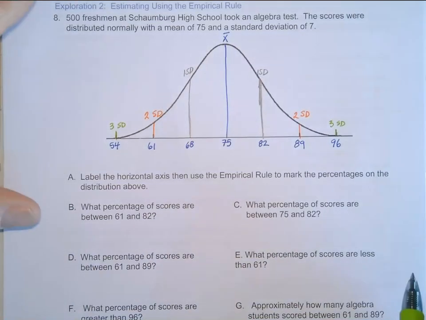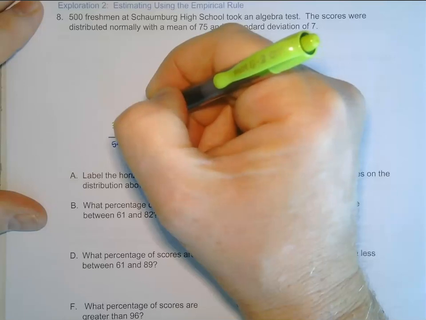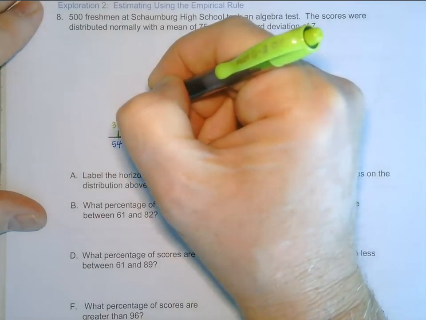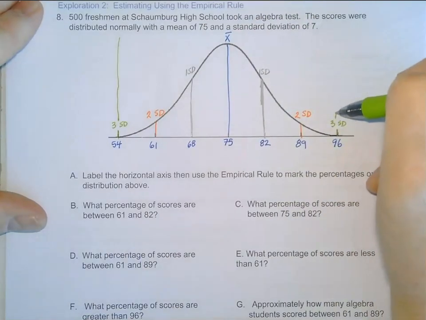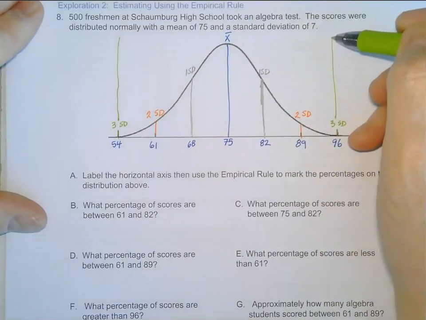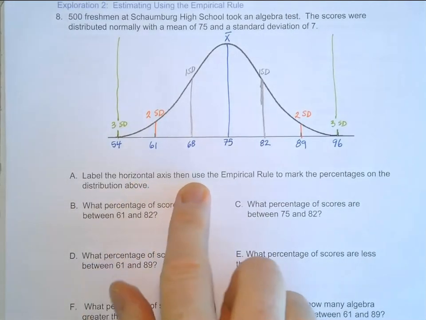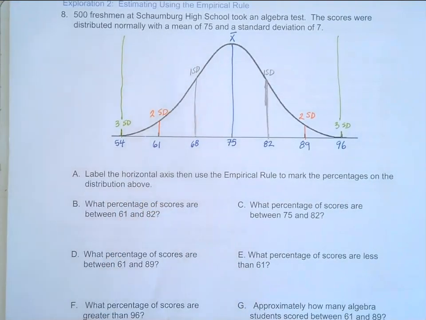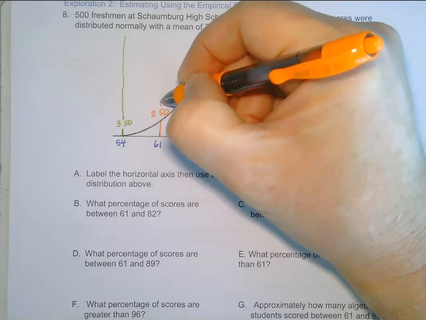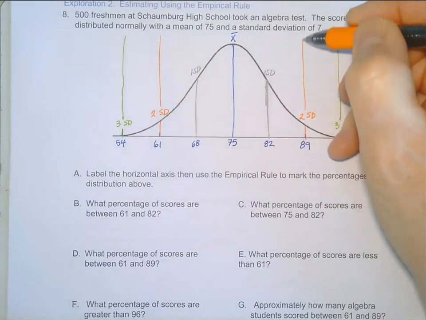Now, I actually need these to go up a little higher, don't I? I'll just do this here. And just as a reminder, because it says label the horizontal axis, then use the empirical rule to mark the percentages on the distribution above, I am just extending those lines so that we can mark the percentages.